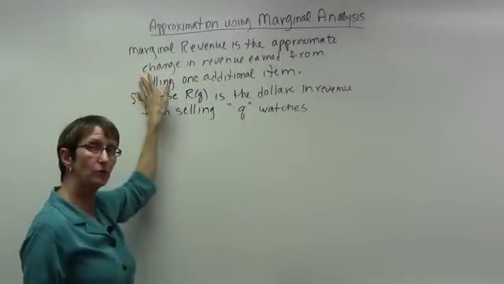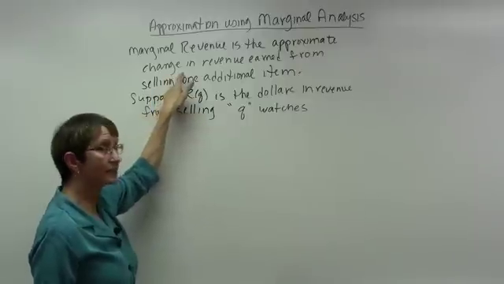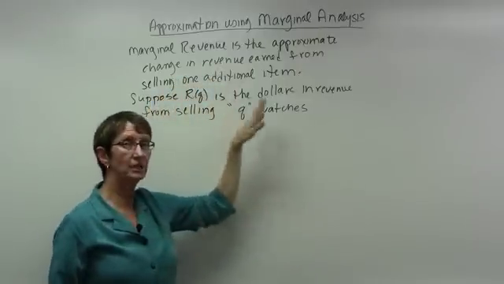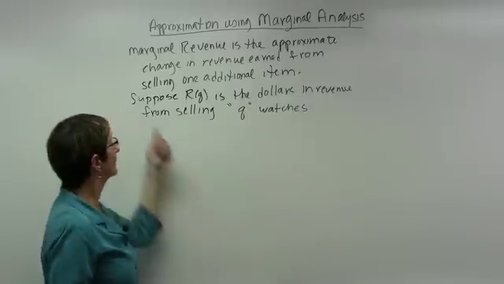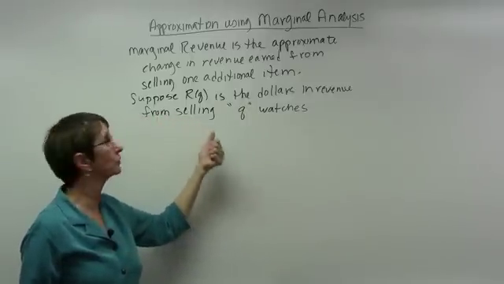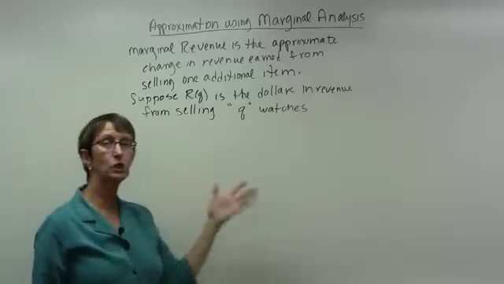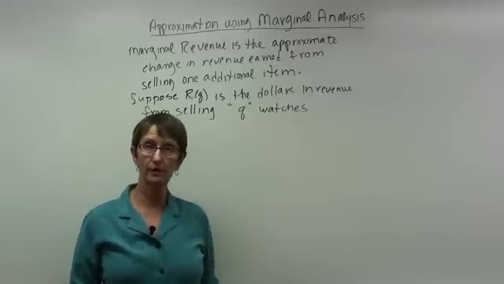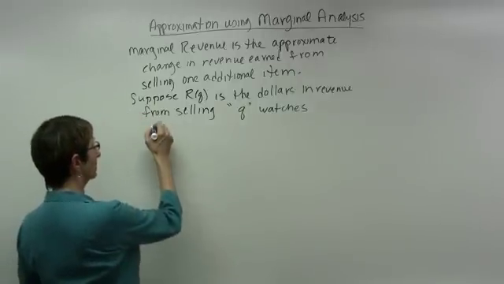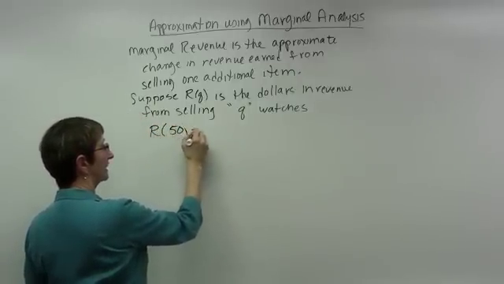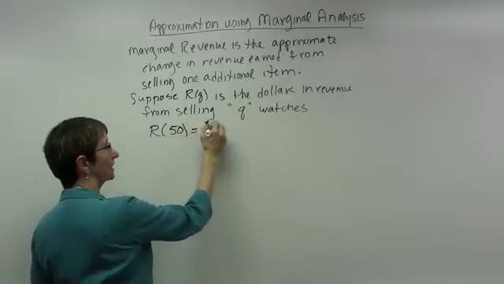Specifically, let's look at marginal revenue, which is the approximate change in revenue earned from selling one additional item. Suppose our revenue function, R of Q, is the number of dollars in revenue earned from selling Q watches. Suppose that R of 50 is equal to $1,500.